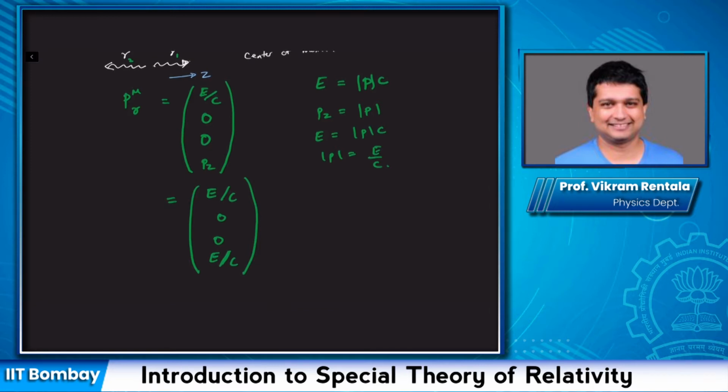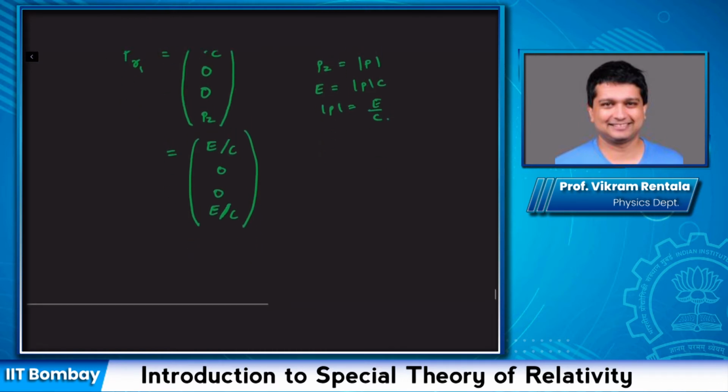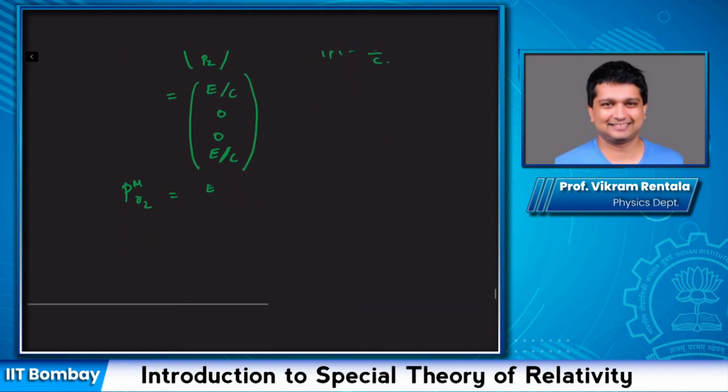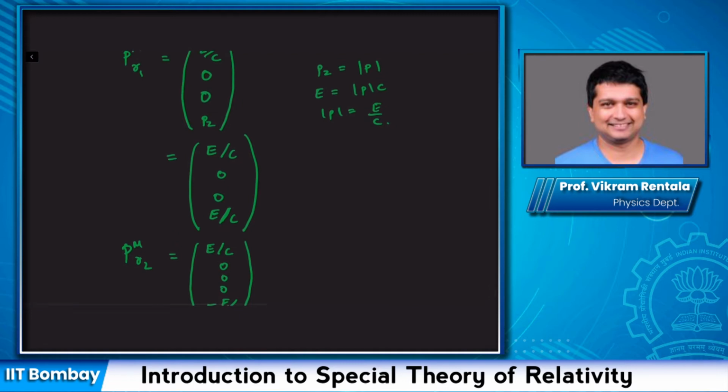Okay, so these are the 4 components of the 4 momentum of photon 1, and for photon 2 it would have exactly the same magnitude of energy and momentum. That's easy to see because the momentum must be back to back to conserve momentum, and therefore it would also have the same magnitude of energy, because energy is related to the magnitude of momentum.